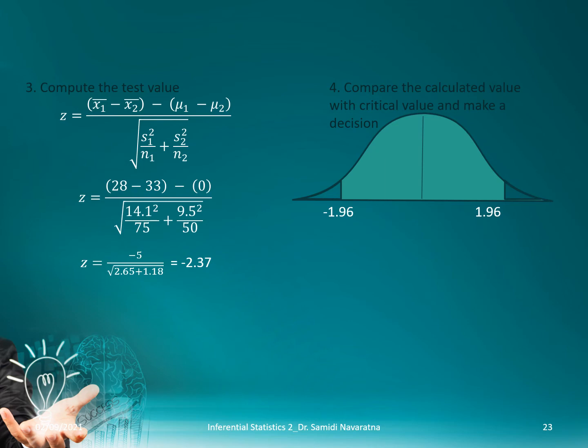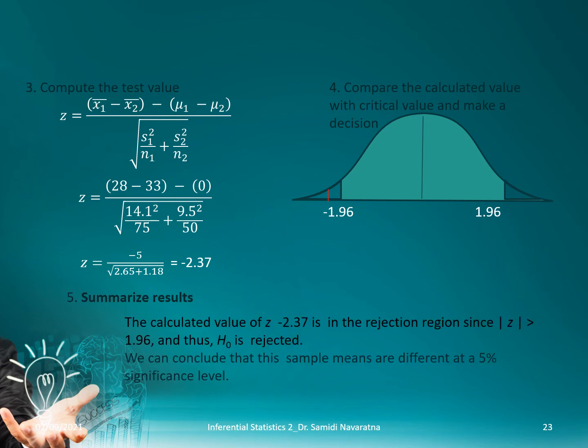As you can see, the calculated value falls within the critical region, in the rejection region, since 1.996 is smaller than the calculated Z statistic. Then we can conclude that the sample means are different at a 5% significance level.